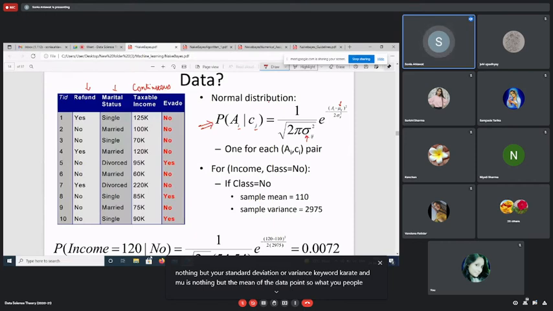So what you people have to go for, you have to calculate the mean of this particular table first. ठीक है, इसका मीन निकालेंगे, लेकिन अब हम मीन कैसे निकालेंगे? जस्ट सी, इट सेज 1 for each AICI pair.